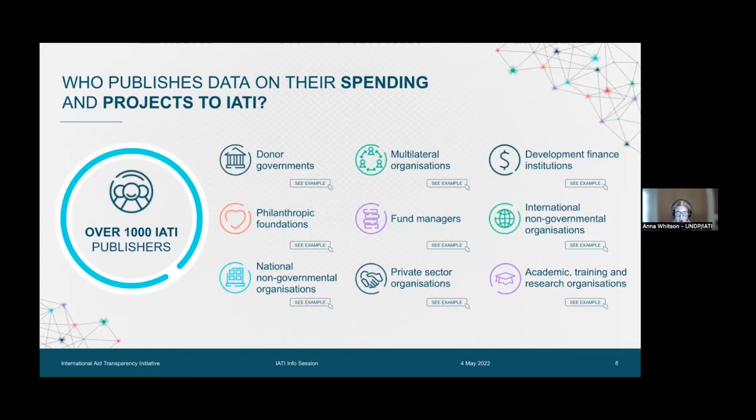These are the people who are giving us the data on their development and humanitarian activities, letting us know what activities they're conducting, where, how much money they're spending, all of these kinds of things, right? And it's really open for anyone that's conducting these kinds of activities to publish to IATI. Of course, we have our members, but we encourage any organization that conducts development and humanitarian activities and spending to publish their data to IATI to make it open and publicly available.